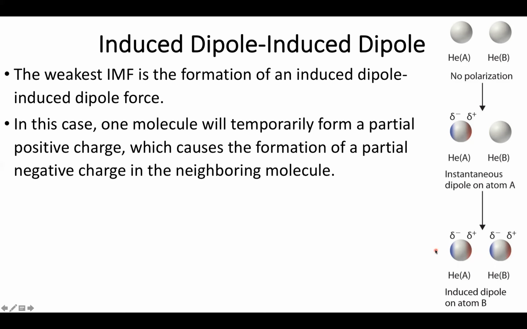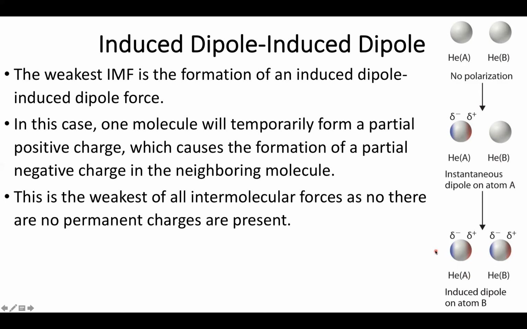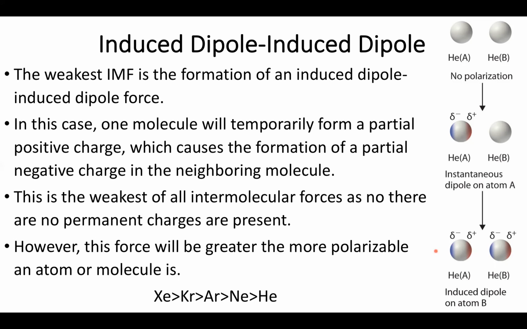They come and go, and so they aren't going to be exceptionally strong. And it is worth noting that this is going to be the weakest of all of our intermolecular forces because IMFs are dominated by the presence of charge. There is no permanent charge here. There's only temporary charge, so it will be quite weak. However, you can strengthen it by making the molecule or atom more polarizable.